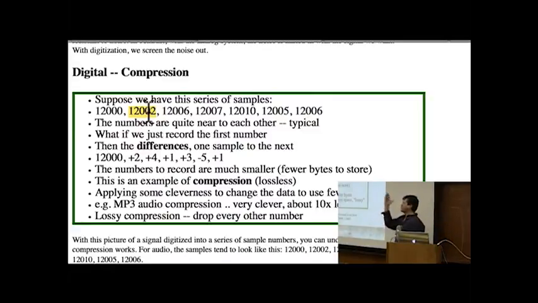OK, so what's the advantage of this? What's better about plus 2, plus 4, plus 1, plus 3 than 12,002, 12,006, 12,007? It sort of gets back to bytes. What this comes down to is those numbers are smaller, a lot smaller. And the reality is I could record them using fewer bytes.